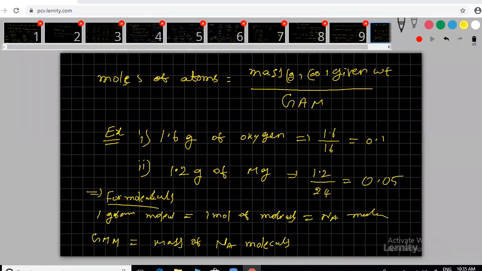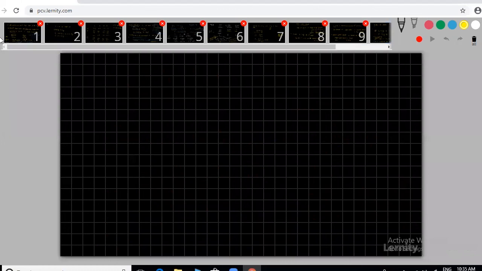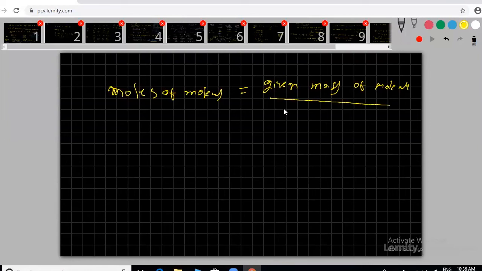Can I go to the next slide and example? Yes, try it, sir. You can also write moles of molecules, same formula is fixed. Moles of molecules is the given mass of the molecule, divided by gram molecular mass, molecular weight.